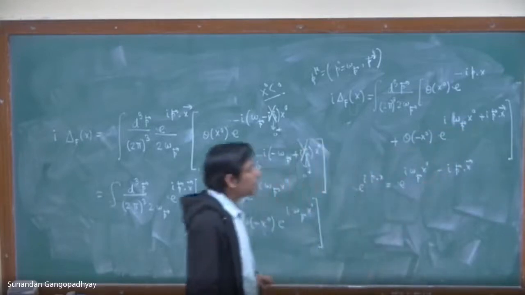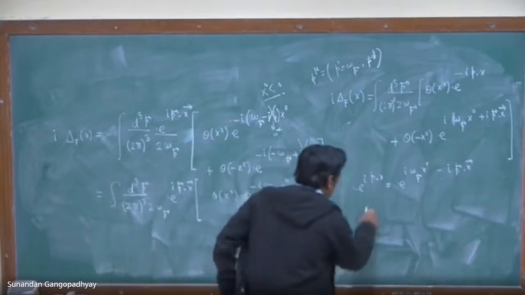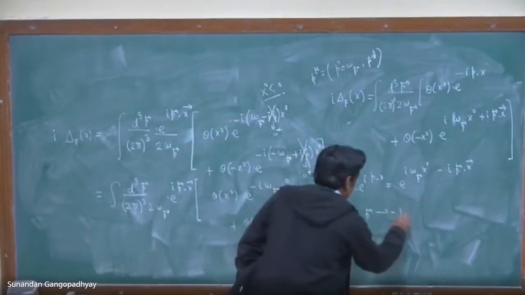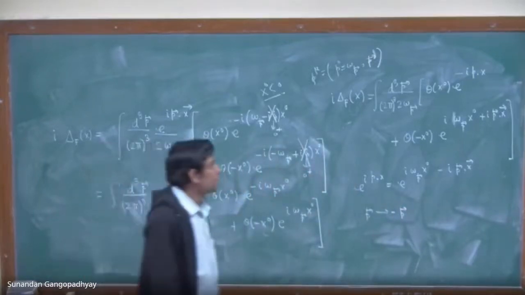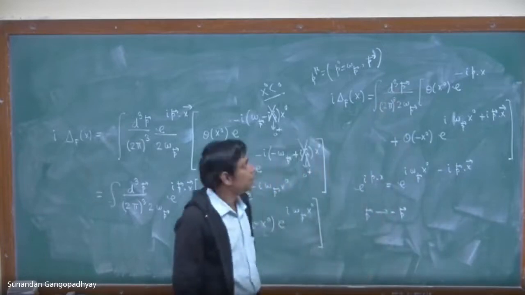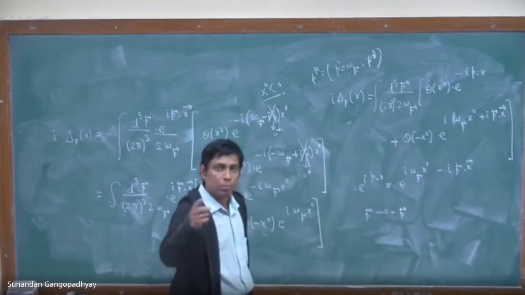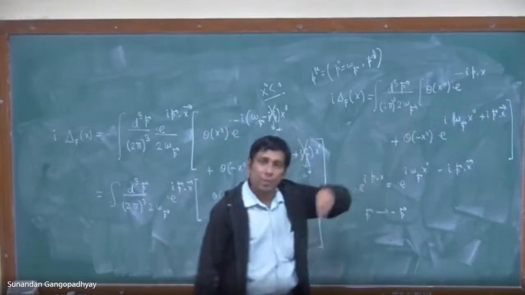But the problem can be solved in the following way. You just make a transformation, p going to minus p. If you make a transformation of p vector going to minus p vector, d cube p under this transformation remains the same. D cube minus p going to d cube minus p, that is same as d cube p. Omega p goes to omega minus p, but omega minus p is same as omega p.